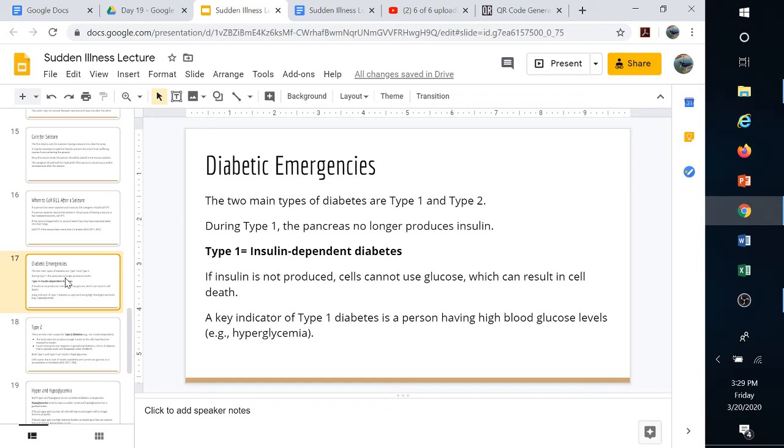So it results in the individual having to supplement the insulin, either with injections, an auto-injector, or several different methods now of getting insulin into the body. You've probably seen in the news that insulin prices have gone way up. People can't afford their insulin, and therefore they could potentially starve to death because their cells can't take up glucose. So it's a life-threatening situation.